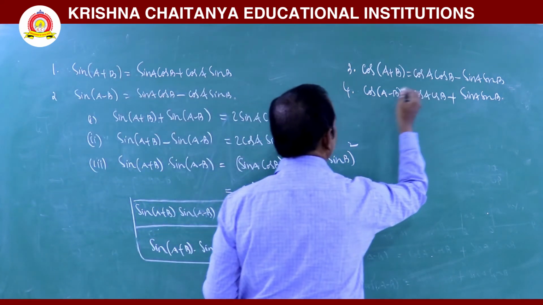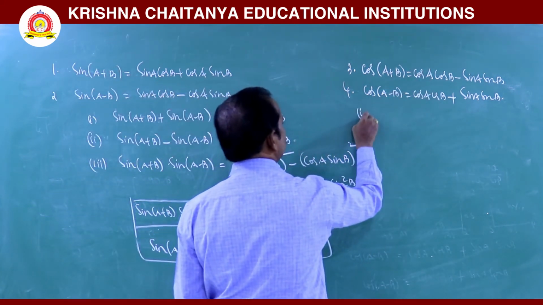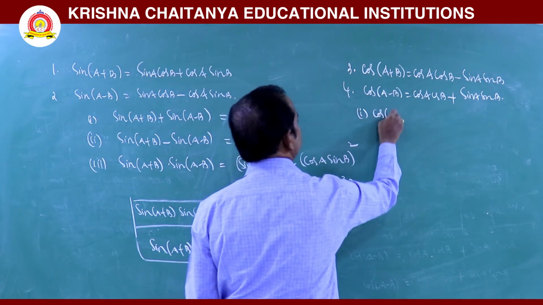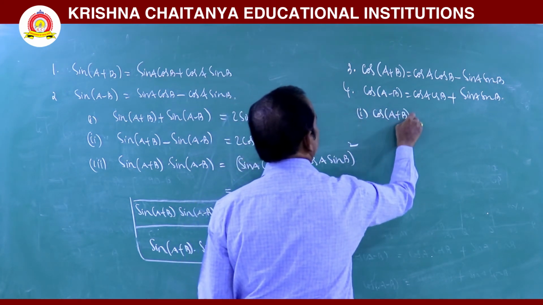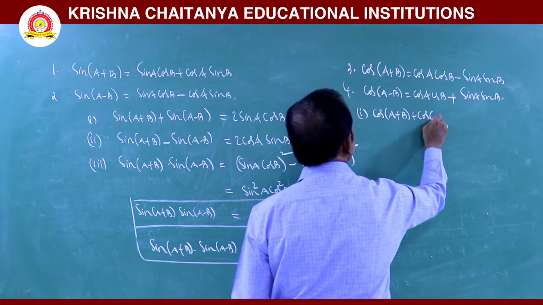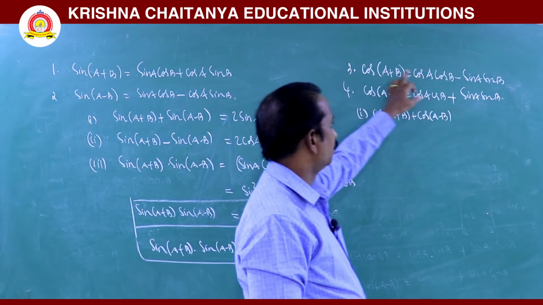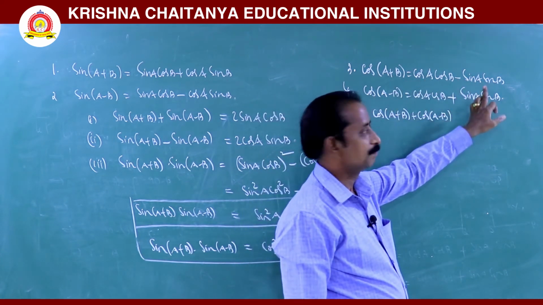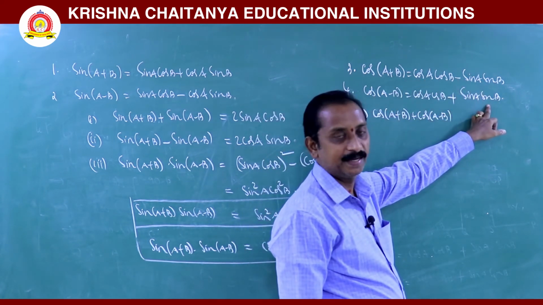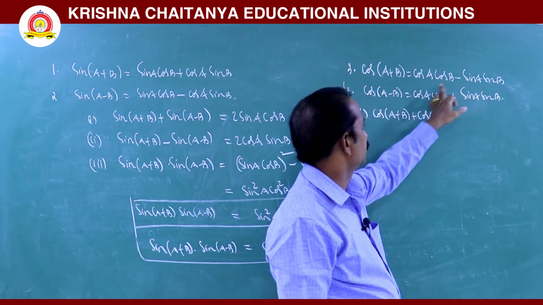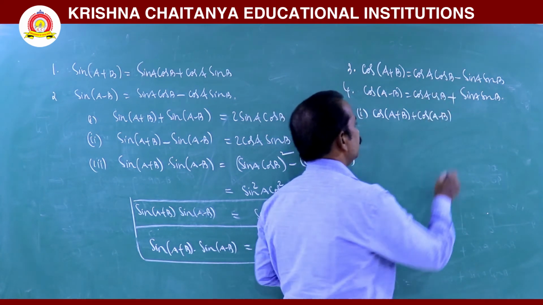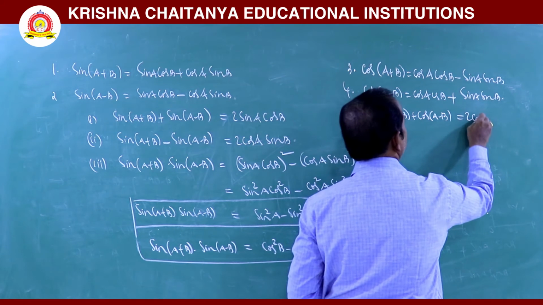Now, let us move to their sum. So, cos of (a plus b) plus cos of (a minus b). Observe, after addition, minus sin a sin b plus sin a sin b getting cancelled. So, cos a cos b plus cos a cos b means 2 cos a cos b.